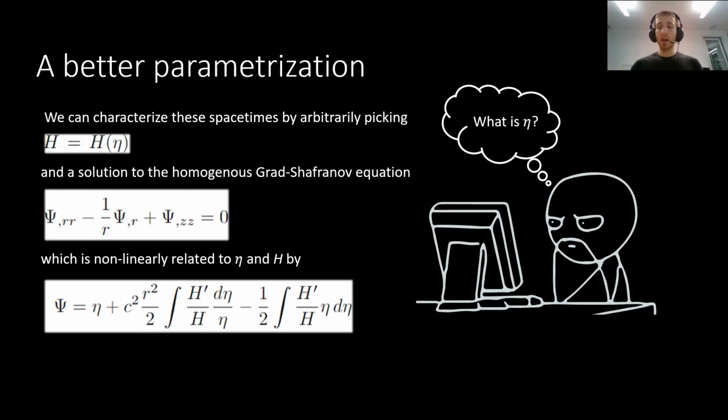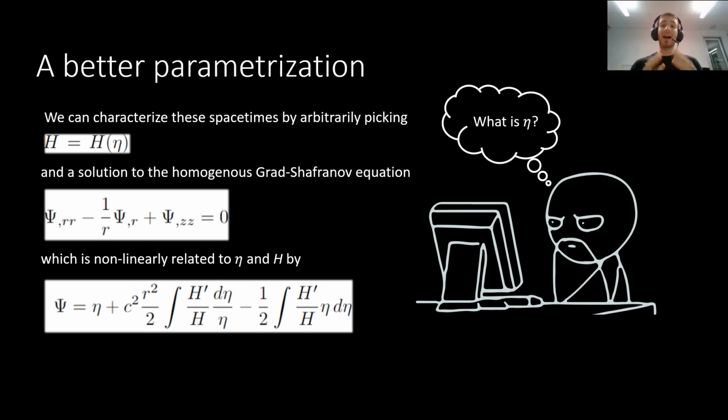Now, this metric is nice and all. If you try to look at Einstein's equations, they're horrible. However, thanks to the work in the 70s of Gürses and then, on this specific metric with dust, of Winicour, we know that we can actually characterize this metric through two functions of one variable each.